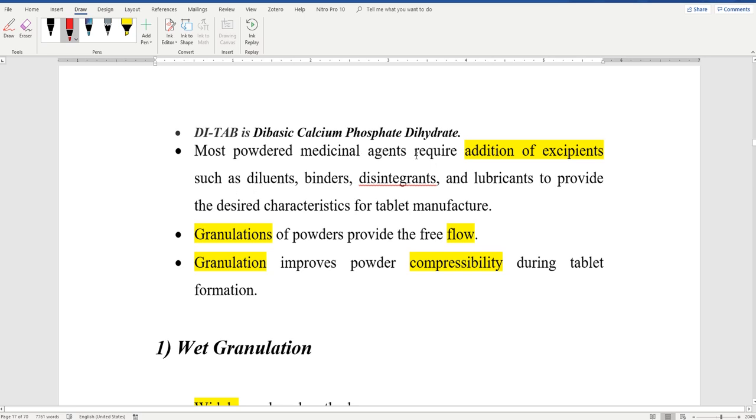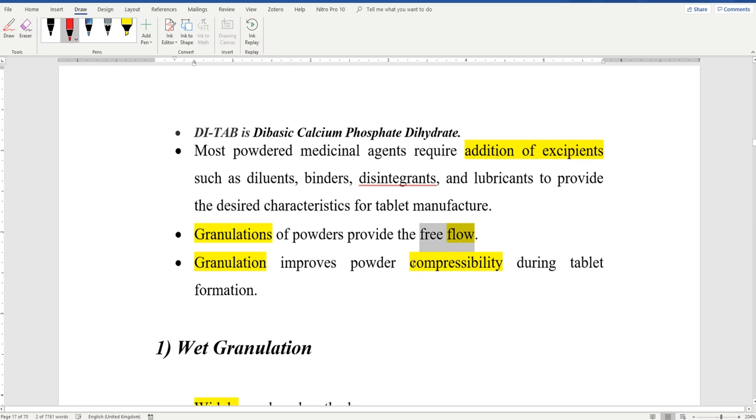Okay, most drugs need excipients, as we already talked about before. This includes the binders, disintegrants, diluents, lubricant to get the desired characteristics. Granulation, as I said just a little while ago, will allow the flow to be better compared to the case when we have direct compression.